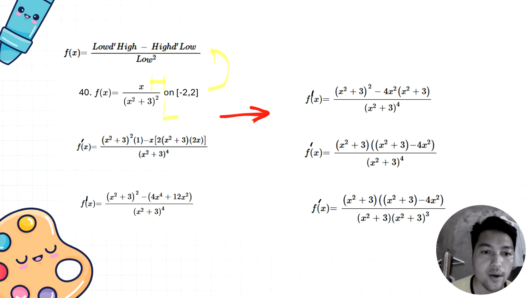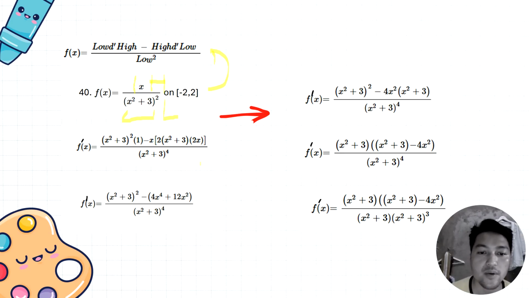We have the square root of x squared plus 3 times the derivative of the numerator, which is 1, minus the product of x and the derivative of the square root, which is 1 over 2 times x squared plus 3, times 2x, all over the square of the denominator, which is x squared plus 3.